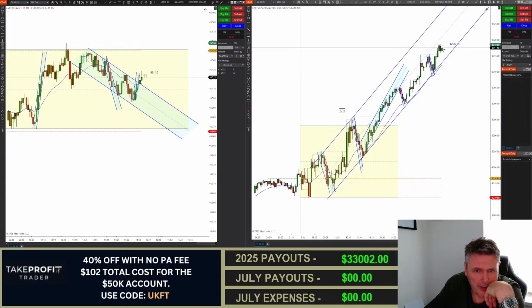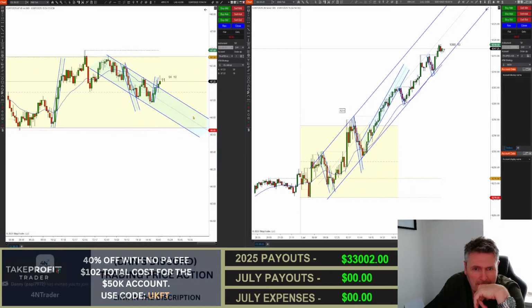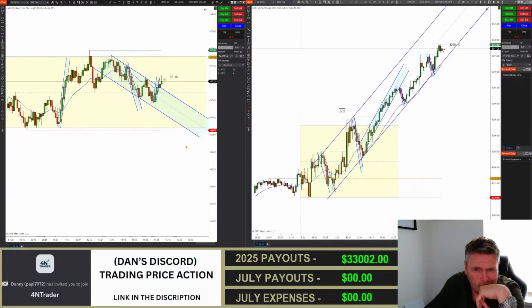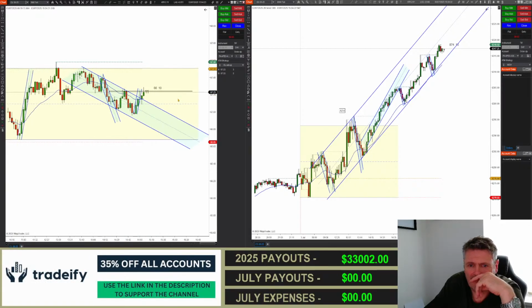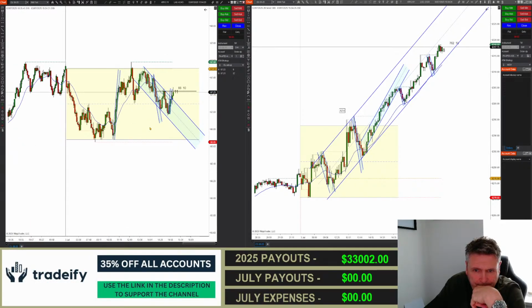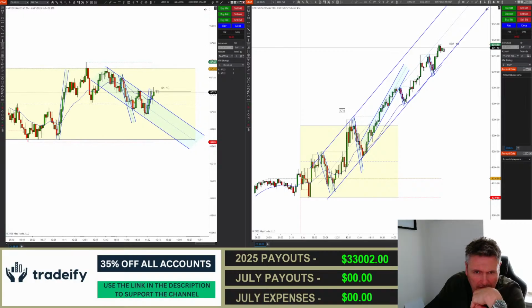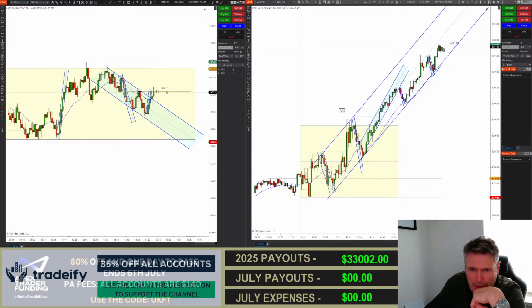But there is a bullish bar there and a higher low. Or 1, 2, possible triple test.